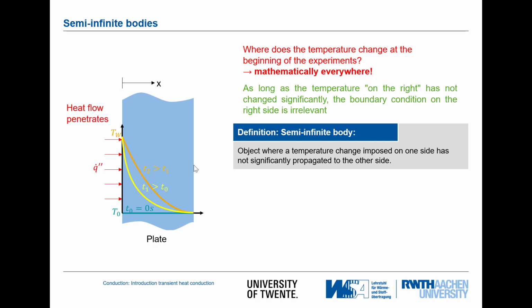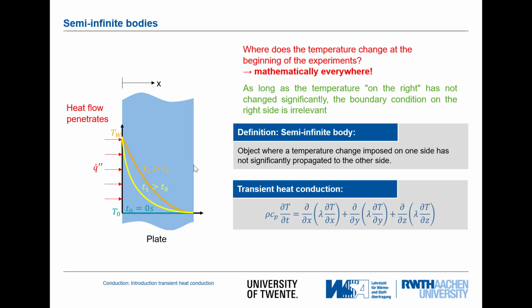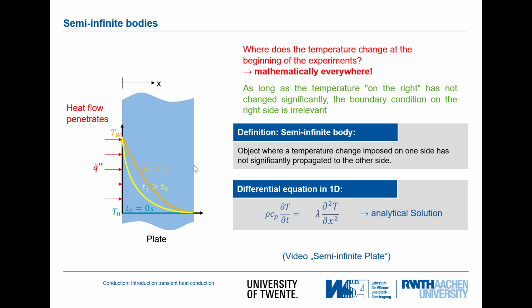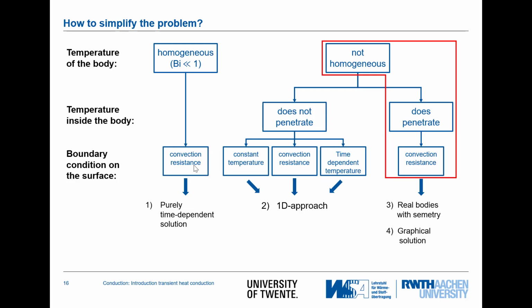So this is a body or an object where the temperature change imposed on one side has not significantly propagated to the other side. And this allows for a special solution, because we can assume a temperature in the infinity which is equal to T0. I would like to go into that in the next lecture, where we look at semi-infinite plates.